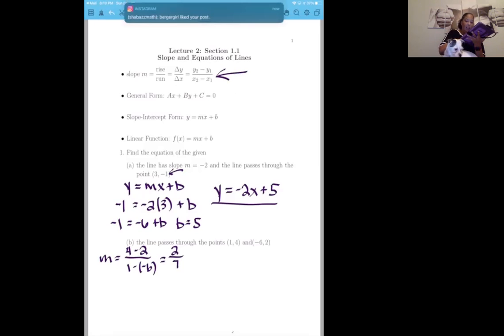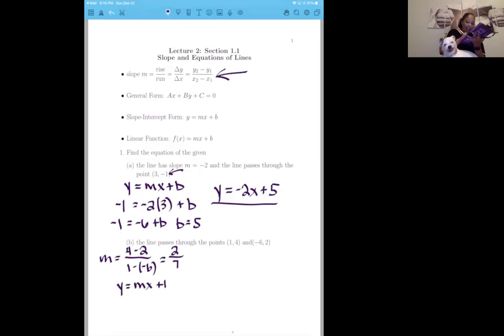Now again, I'm going to plug into y equals mx plus b because now I have a slope and I have a point, and that becomes the exact same type of problem that we did in A. You can use whatever point you want. I'm going to use the first one. So my y value is 4, my slope is 2/7, my x value is 1, and I'm looking for b.